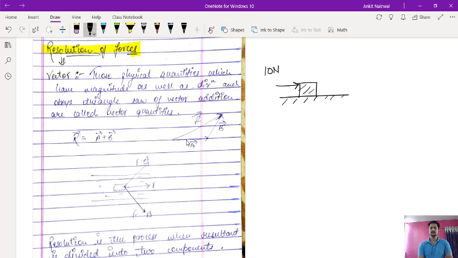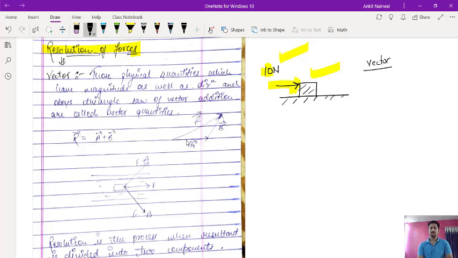The force you are applying has a magnitude of 10 Newton, and you are applying it in this direction. It has magnitude and direction, therefore this type of quantity is known as a vector quantity.